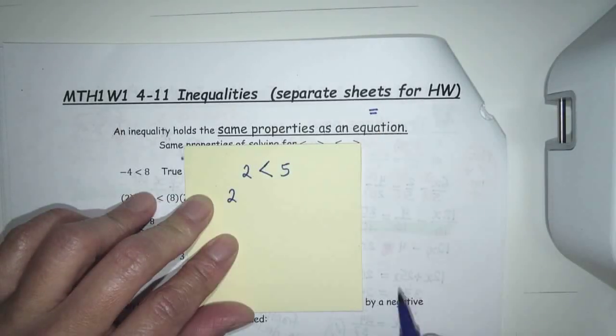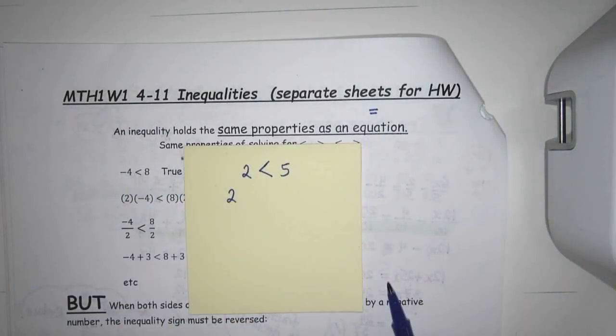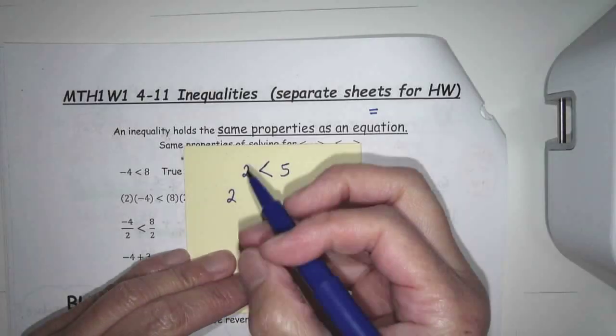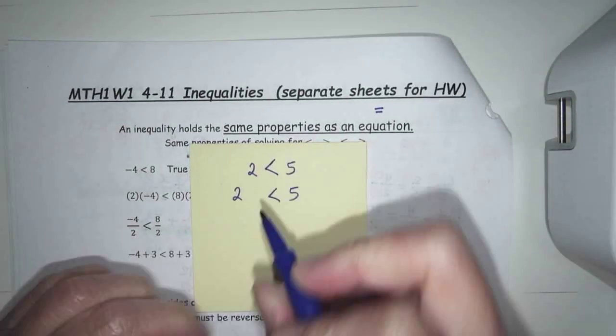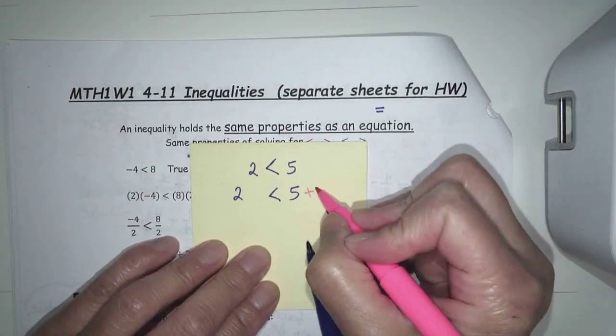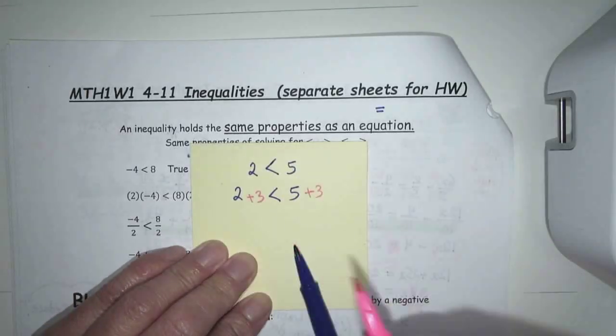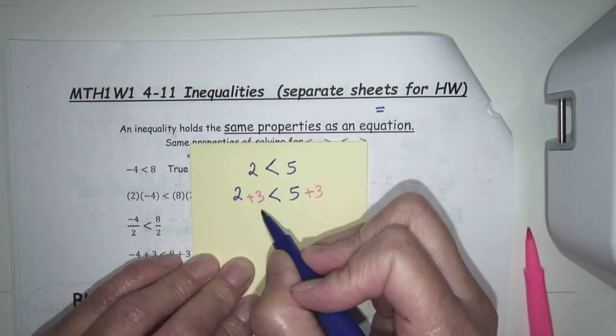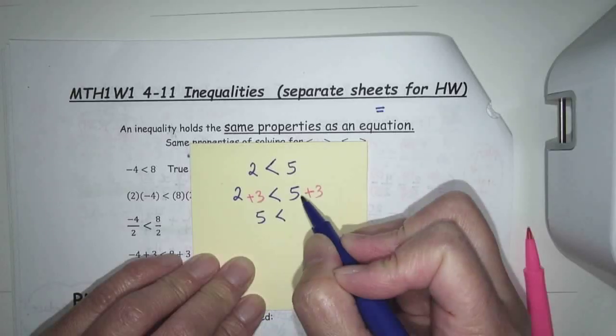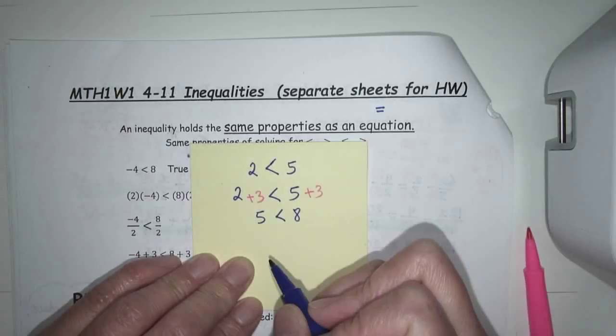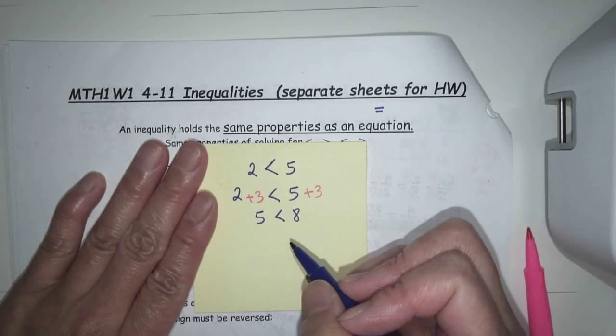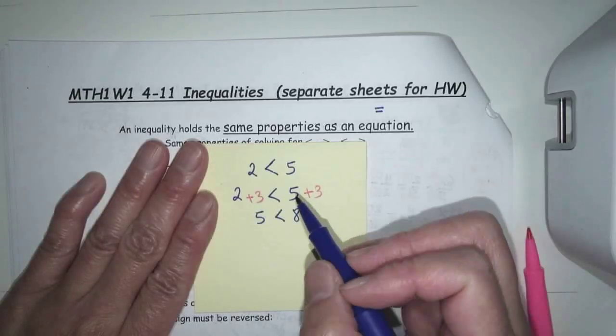Yeah, like an equation, whatever you do to one side, I can do to the other. So if I add 3 to both sides, that would get me 2 plus 3, so 5, which is still less than 5 plus 3, which is 8. So that holds true. For an inequality, you can add something to both sides.